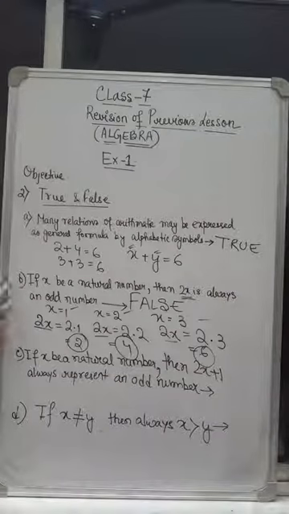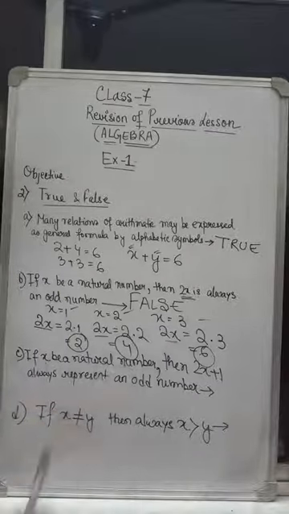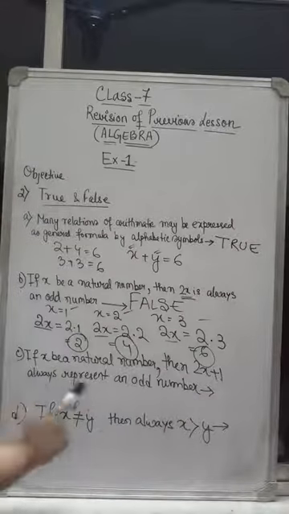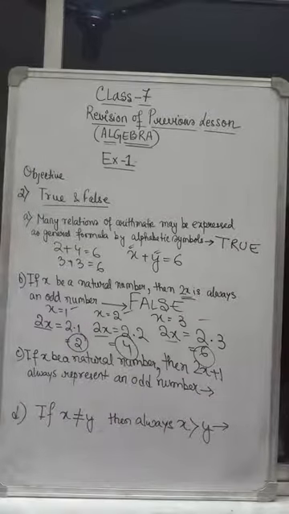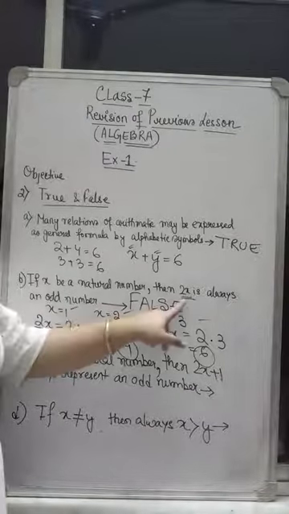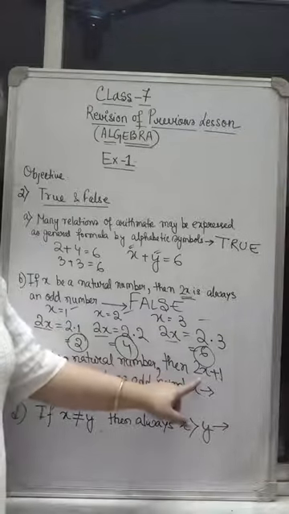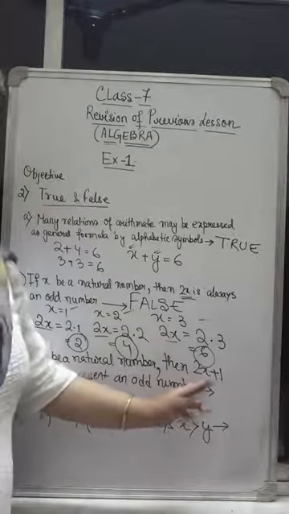Now number C is almost like this, but here the question is somewhat different. If x be a natural number, then 2x plus 1 will always be an odd number. Now I will just ask you to see the difference between the previous sum and this sum. Here they are asking what will be 2x plus 1.